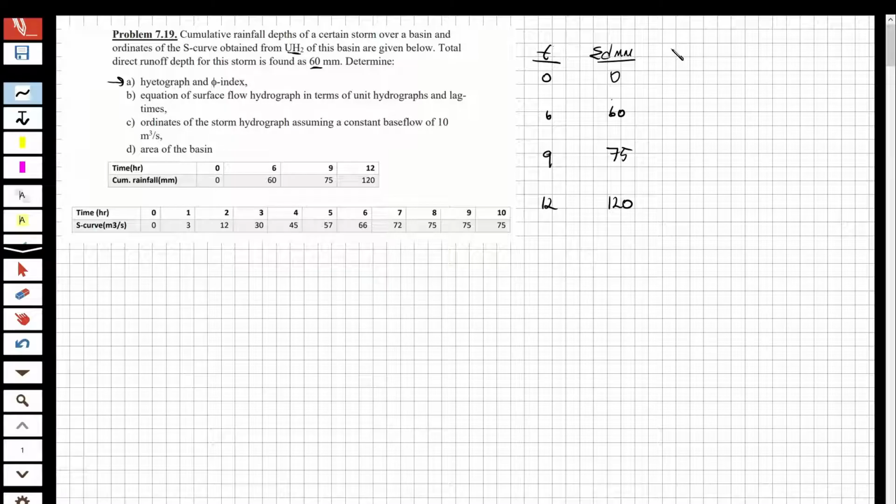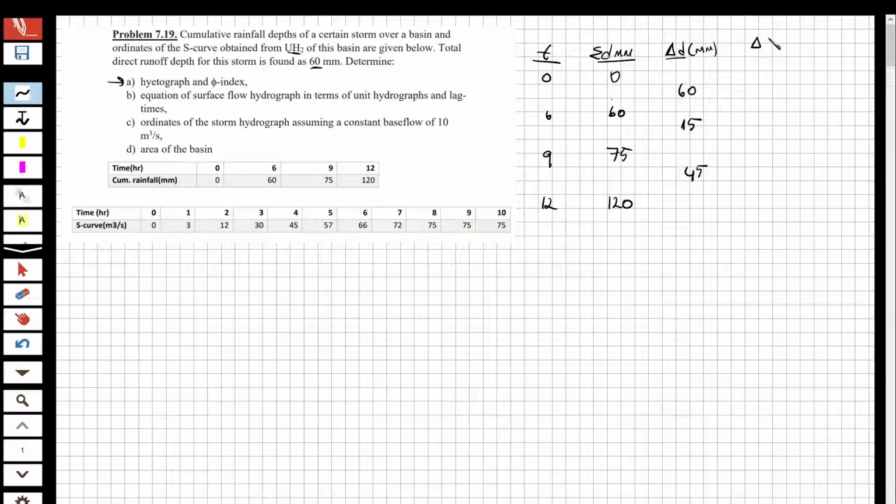And now I'm going to write the delta D. Between 0 and 60 is 60, between 60 and 75 is 15, and between 75 and 120 is 45.